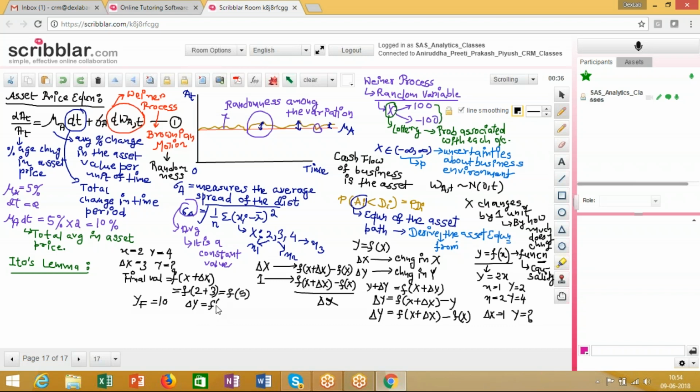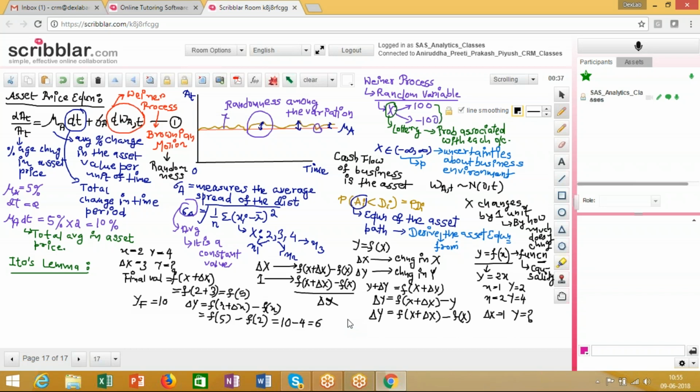f of x plus delta x minus f of x. So over here we will have f of 5 minus f of 2, which is 10 minus 4, which is equal to 6.